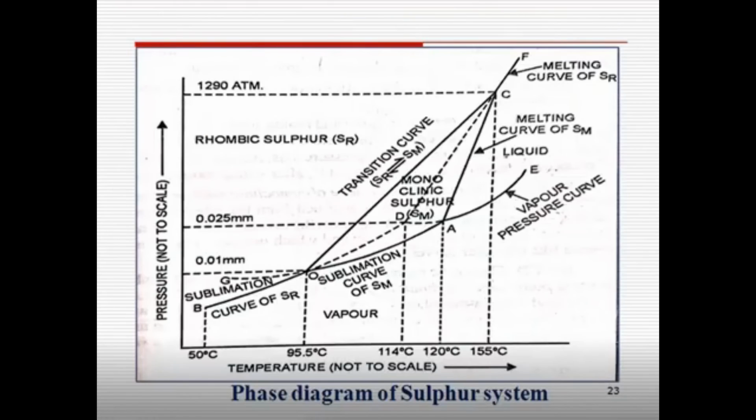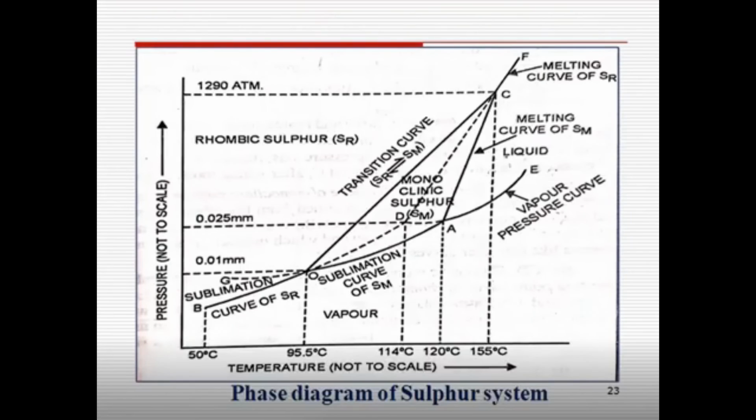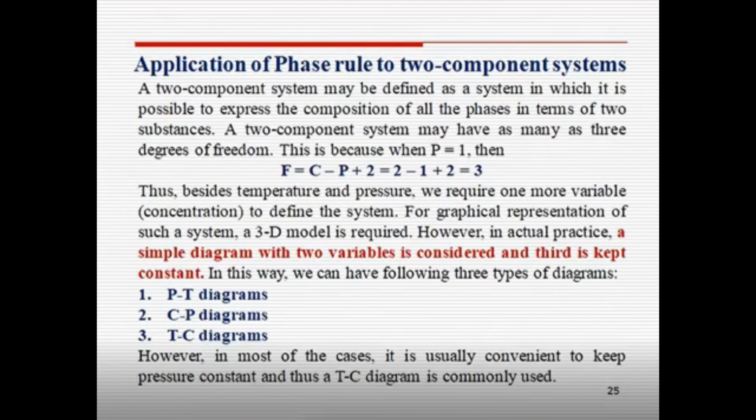And there are 3 triple points in the diagram: O, point A, and point C. In all these 3 points, 3 phases are in equilibrium. So we can calculate the number of degrees of freedom from the phase rule equation. That comes out to be 0. That is, all the 3 triple points are invariant or non-variant.